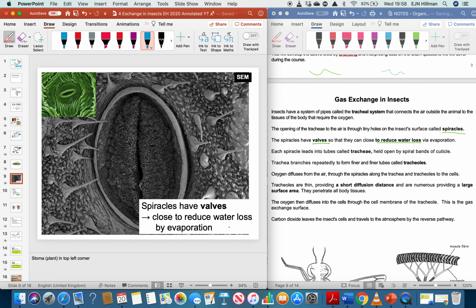So they need to close to reduce the water loss, but they open to allow for air to move in to the trachea and air to move out. The air moving in has a high concentration of oxygen, air moving out has a high concentration of carbon dioxide.